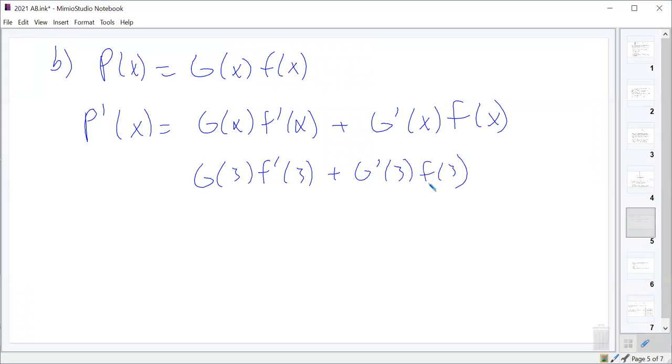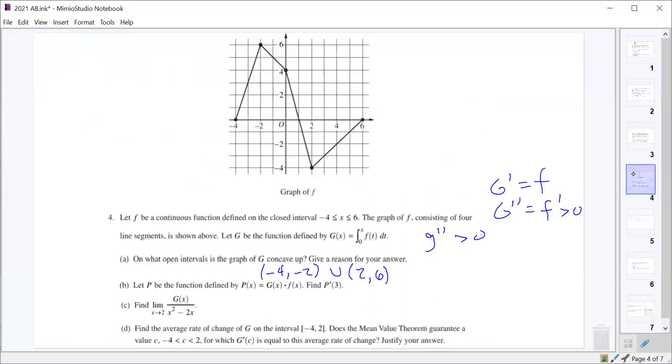Yeah? What is g of 3? We'll go back here. G of 3 is just the integral from 0 to 3 of f, which is the area underneath the curve from 0 to 3. We'll note that the area from 0 to 1 and the area from 1 to 2 are exactly the same, except one's positive and the other's negative.